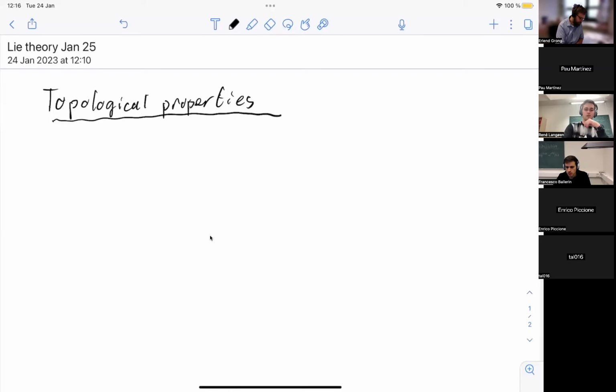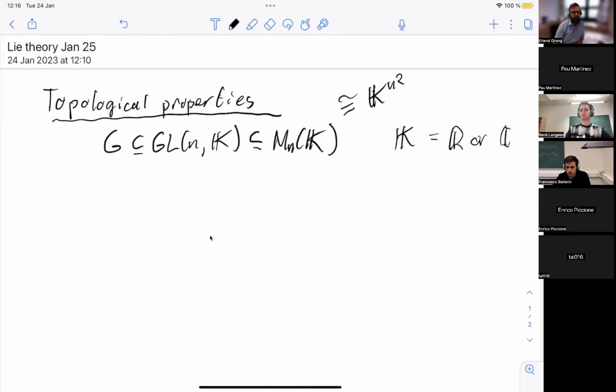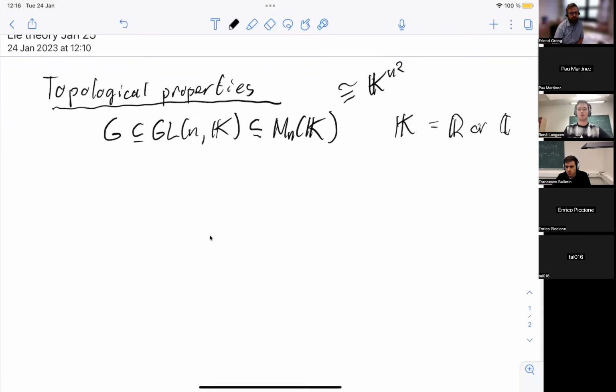Recall that we have a matrix group G that is inside the general linear group, that itself is inside the matrices, where K here is R or C. And as a space, this is just K^(n²), if you're just taking each of the n² coefficients, and you can consider those by themselves.